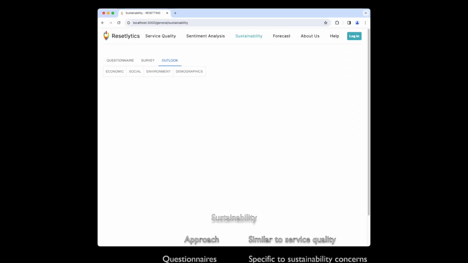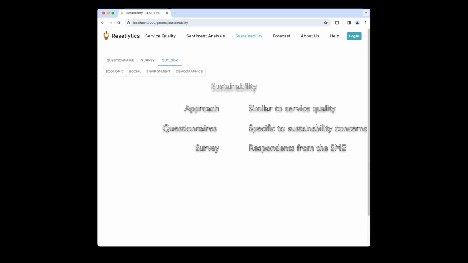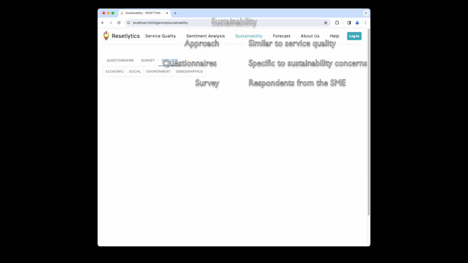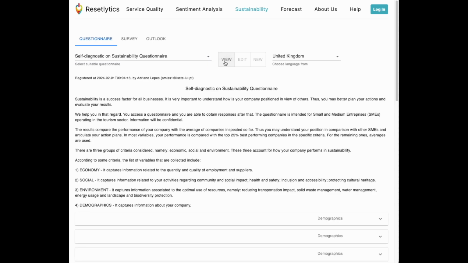Then we move on to the sustainability self-diagnostic, where the objective is that the business assesses itself, as you see now in the questionnaire, answering questions about their behaviors regarding three big groups, which have to do with the economics of sustainability, the environmental actions, and the social actions.